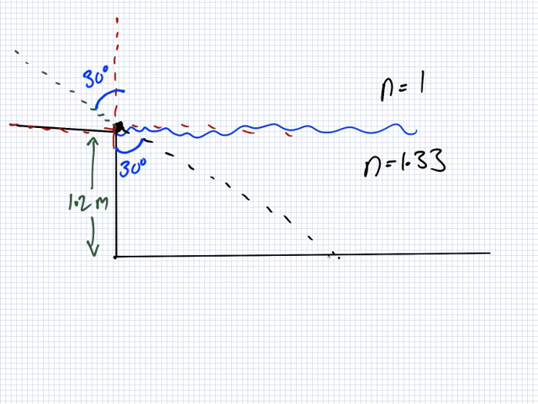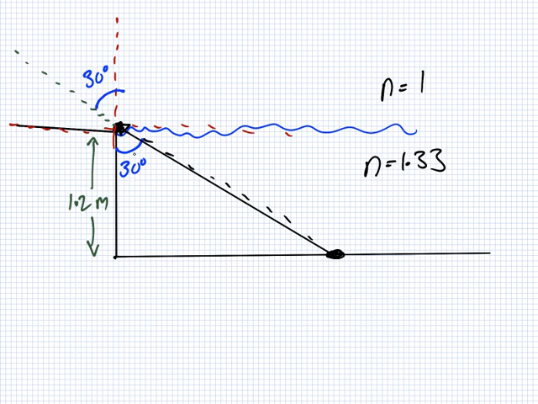Imagine he's looking at something on the ground here, and it would travel up here, and it would appear to just go in a straight line. So he knows that it's 1.2, and this angle here is 30.